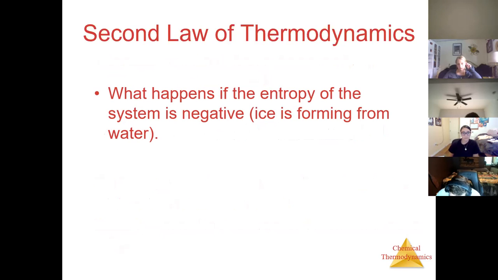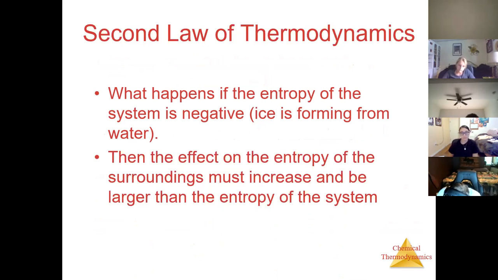So what happens if the entropy of the system is negative? We said earlier today that when we go from a liquid to a solid, my entropy is decreasing. Right? So what must happen is the entropy of my surroundings must increase and must be larger than the entropy decrease of the system in order for that process to be spontaneous.